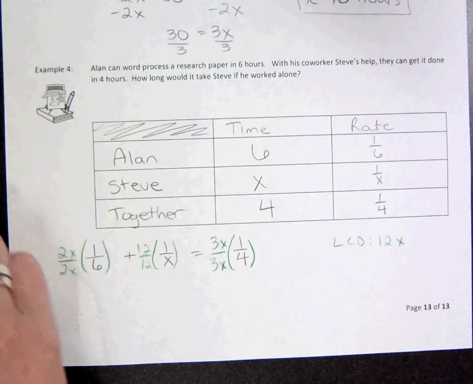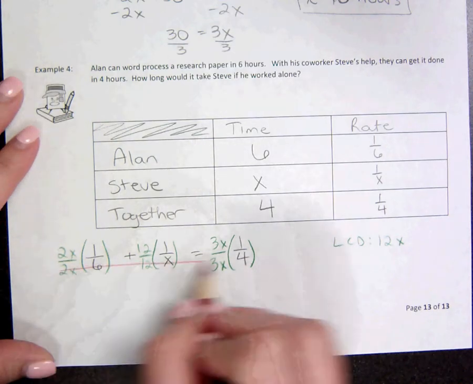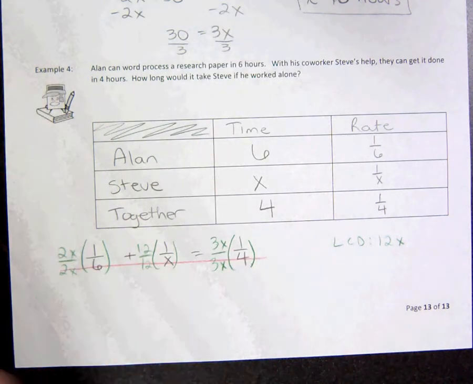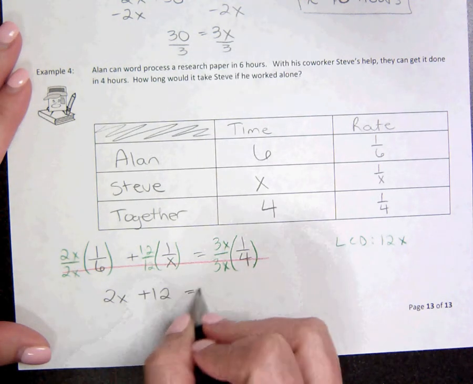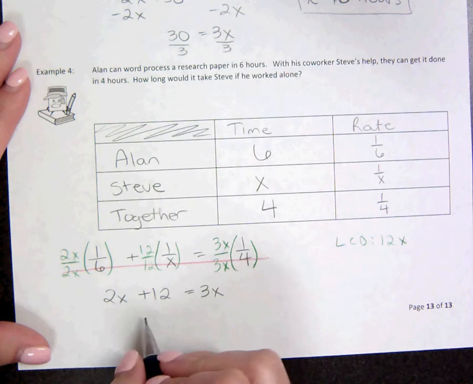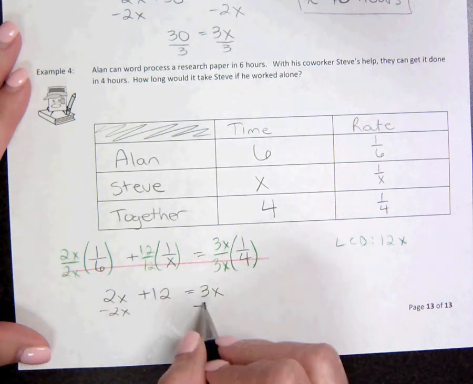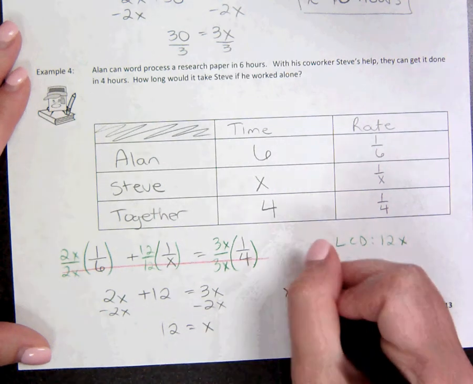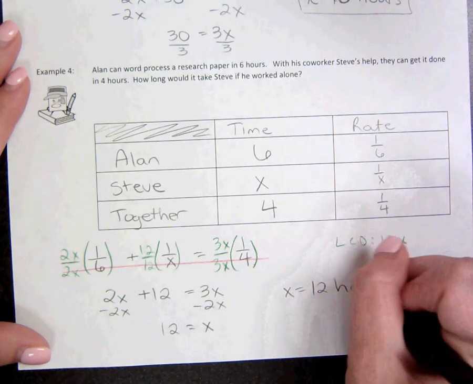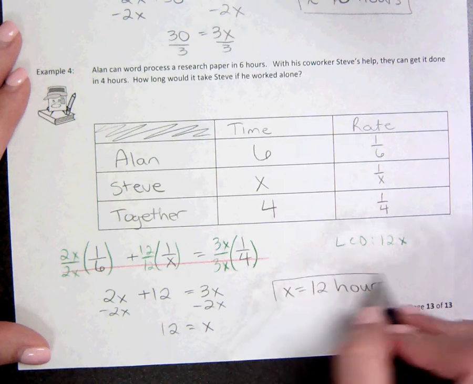Now that they all match, I can ignore the denominators. 2x plus 12 equals 3x. Move the 2x over, and x equals 12. Nice and simple. So it would take 12 hours if Steve worked alone.